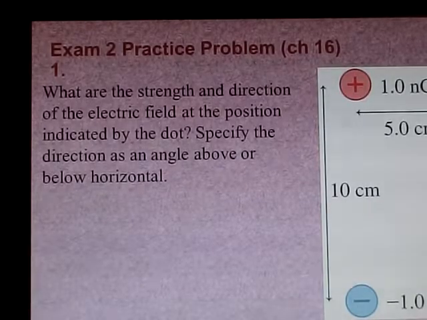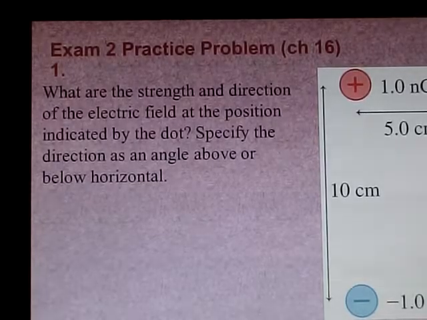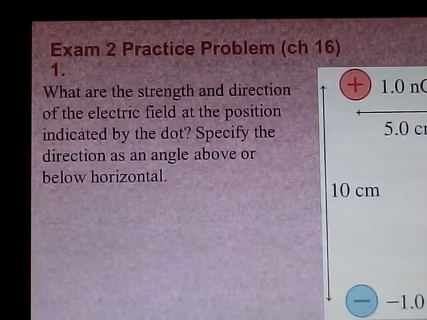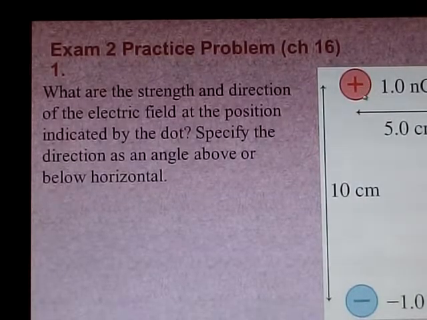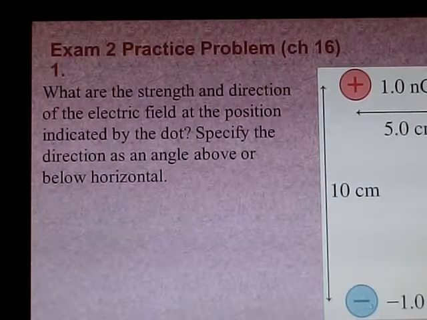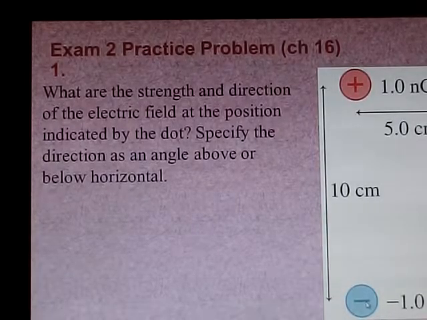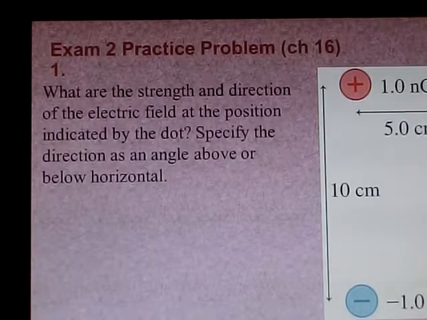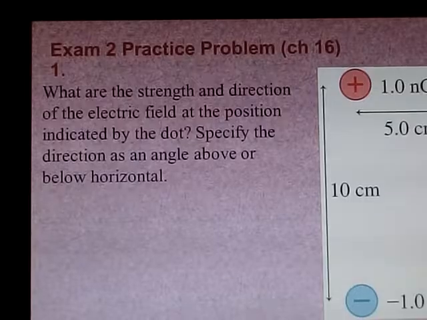So some hint here is that you try to find the x component, the horizontal component of the electric field, which will be due to the positive charge as well as the negative charge. And you also find the vertical or y component of the electric field.